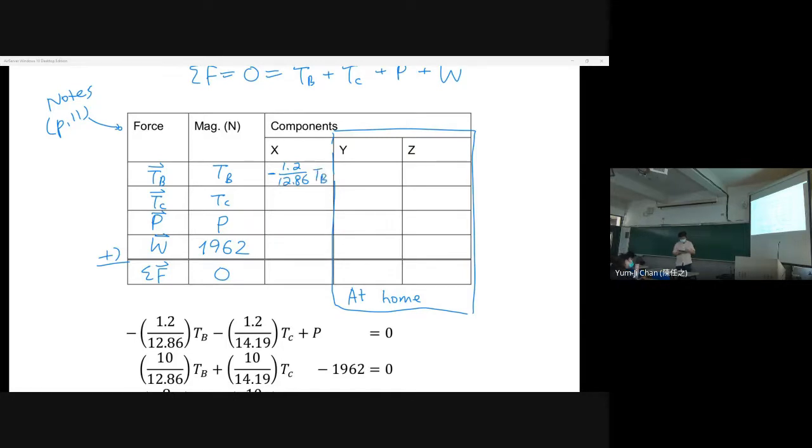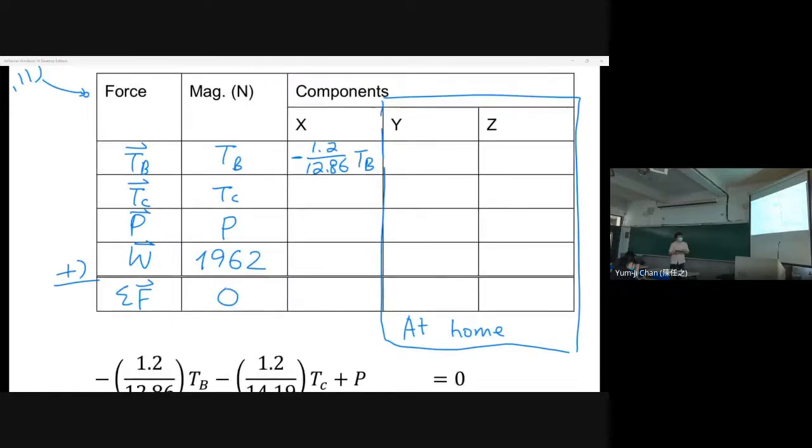Let me make it a bit bigger. And on TC, we have minus 1.2 over 14.19 TC. And on P, because P is in the positive x direction, we have plus P.